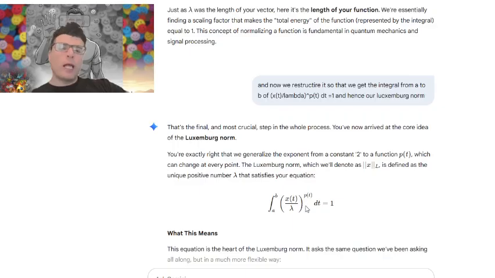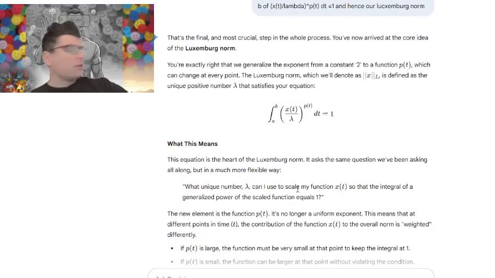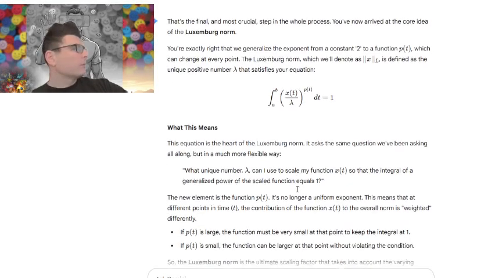And what do I have to scale it down by so that that integral becomes 1? Okay. And if that number exists, that number is the Luxemburg norm. Okay. And it's basically the infimum of this particular number. So that number, you might not reach the infimum, but it doesn't actually matter for this particular explanation.